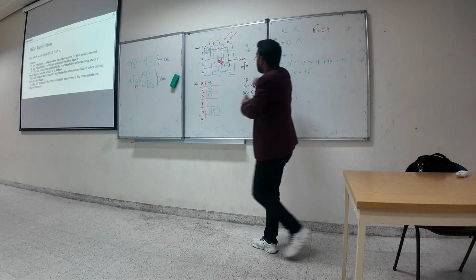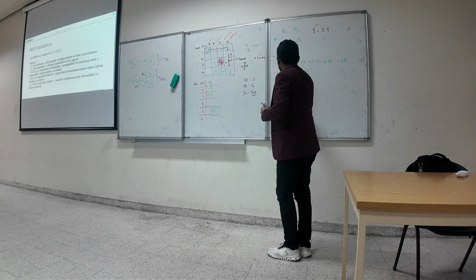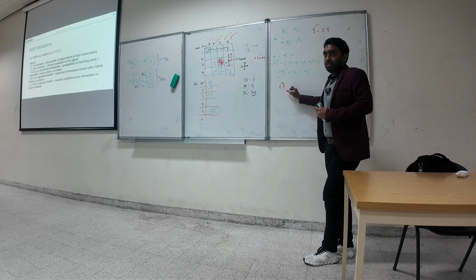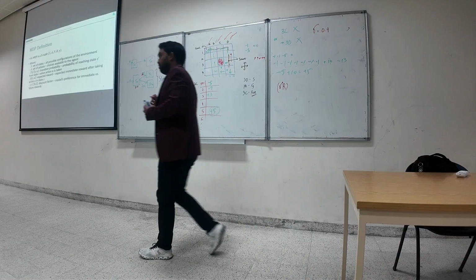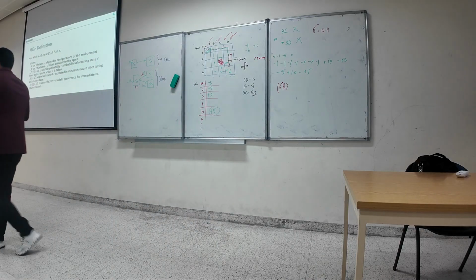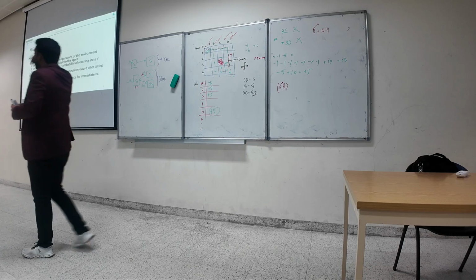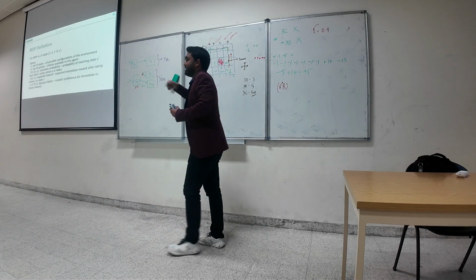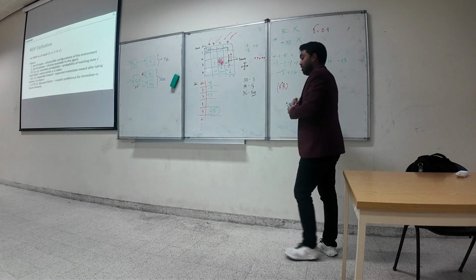This is how you calculate: gamma power n times r. So the result would be the multiplication of the reward with the discount factor, power the number of steps you take. Basically that's multiplication, that's why you get power n.